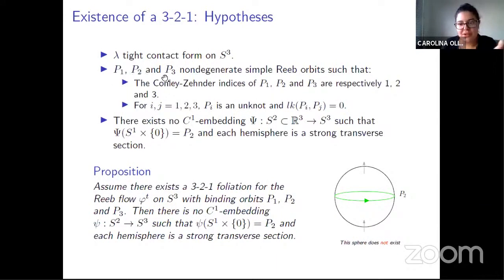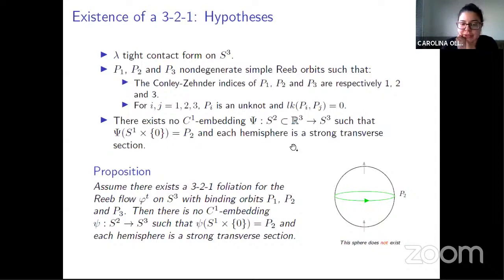The names are because of their Conley-Zehnder index, so index 1, 2, and 3. We assume they are trivial knots, and they are not linked to each other. And we have the hypothesis that this index 2 orbit does not admit a sphere like this, where it's not the equator of a sphere transverse to the flow.